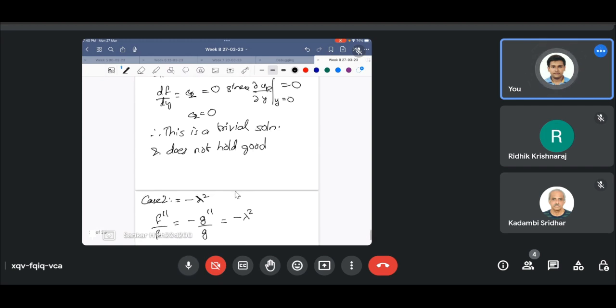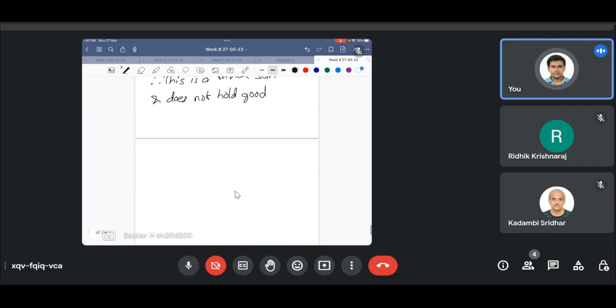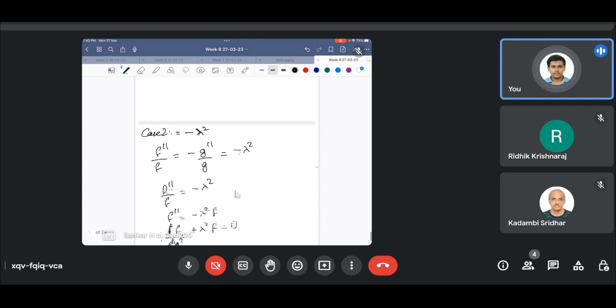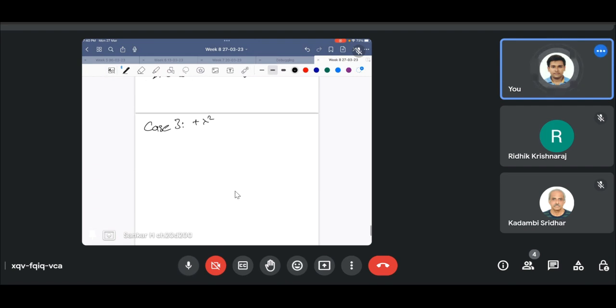So just one step, I'll take a detour over here, and I'll show how case 2 or case 3 of putting plus lambda square does not make sense. When we solve it this way, we will find that the answer makes sense. But before that, I wanted to make sure why putting plus lambda square does not make sense. So we'll be putting f double dash by f is equal to minus g double dash by g equal to plus lambda square.